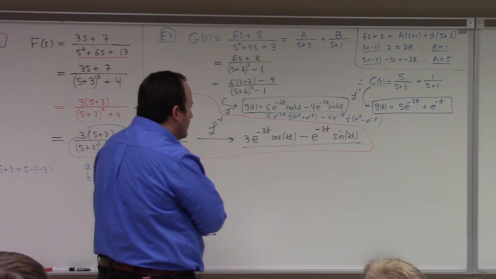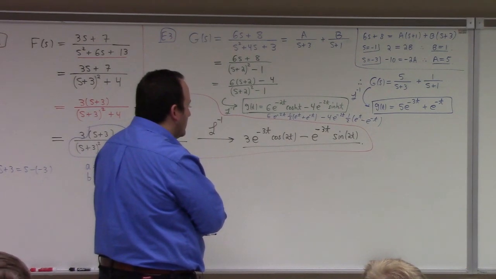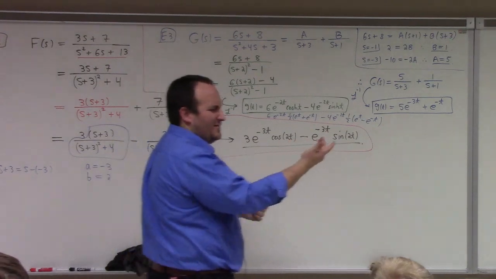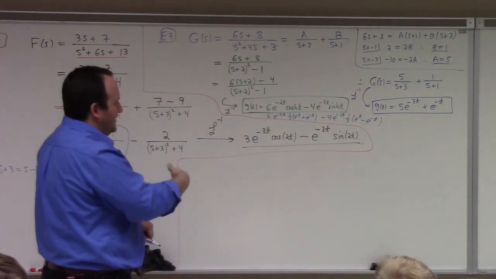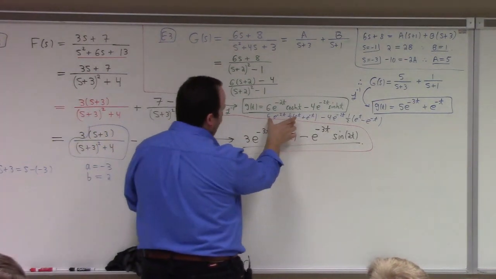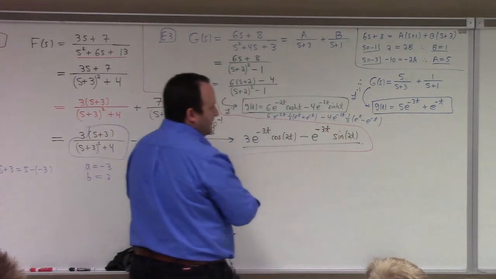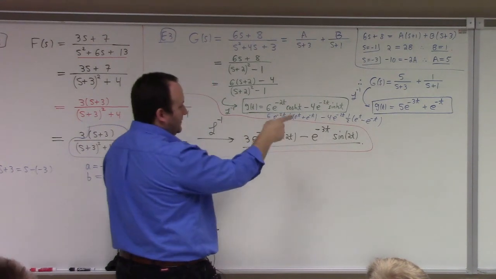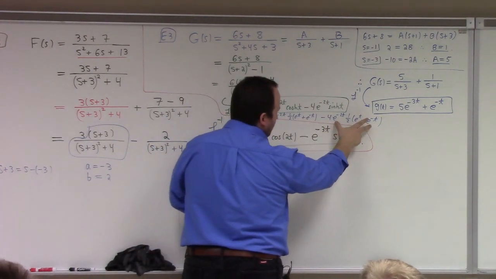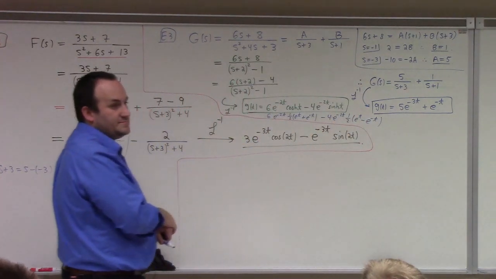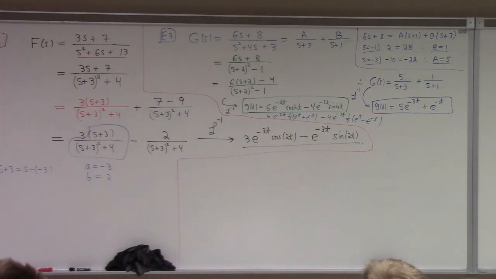Three minus 2 is 1, which is what I want, right? E to the minus t, there's 1 of them. Duh. So collect the e to the minus t, you got 3 of them here, you got minus 1 of them over there, so you get 1. The e to the minus 3t terms, you get 3 from this, and then you get 2 from this. 3 plus 2 is 5. Same answer.